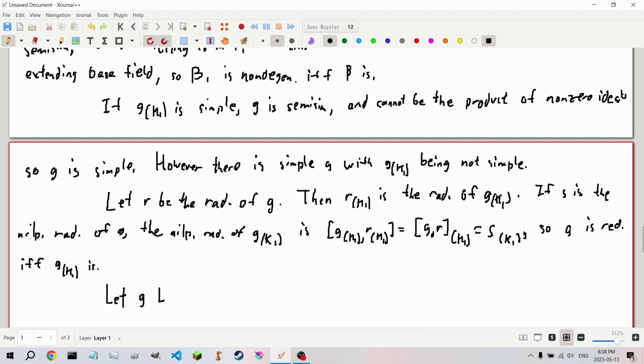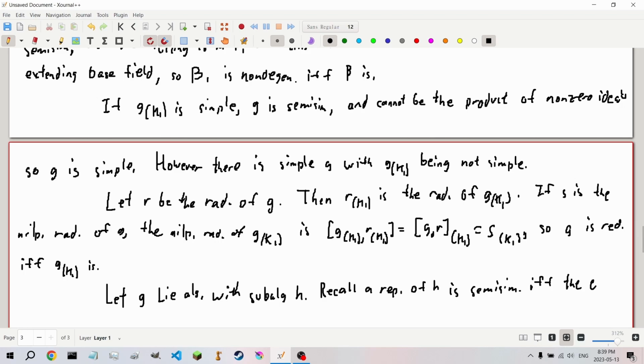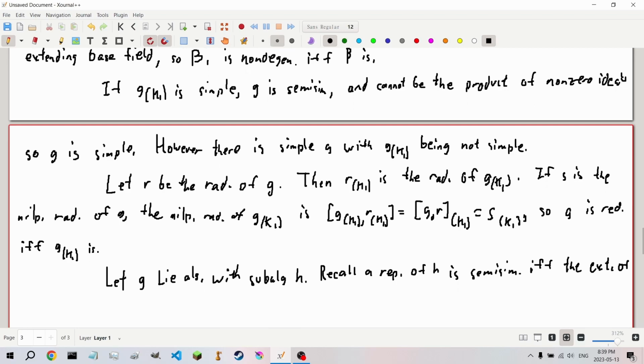Let G be a Lie algebra with a subalgebra H. So recall that a representation of H is semi-simple if and only if the extension of the representation is.